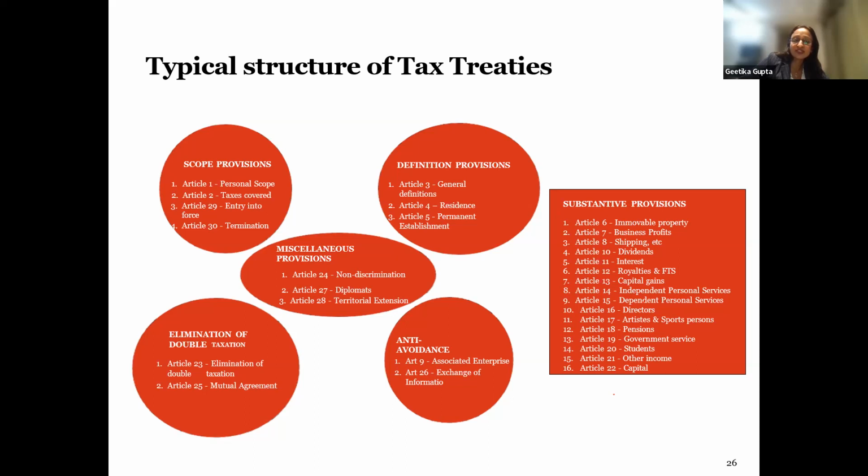And then there are articles about elimination of double taxation, Article 23 and 24. This is the basic structure of a tax treaty.